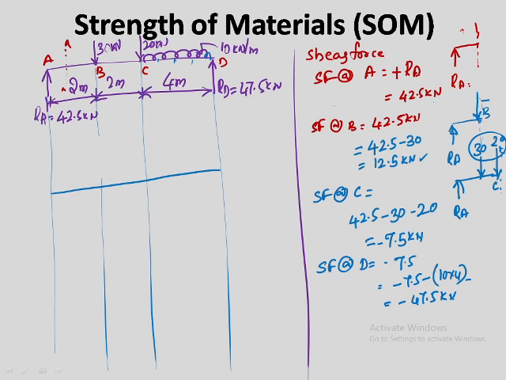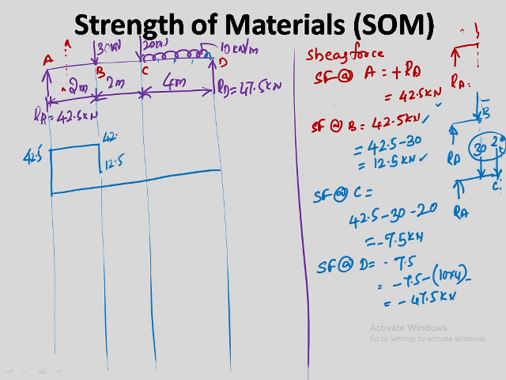So what is the shear force at A? It is 42.5 kilonewton. Okay, let us go for this point, 42.5. This value remains the same up to point B. Now you are adding a downward load of how much? 30 kilonewton. So now you get 12.5 kilonewton here.